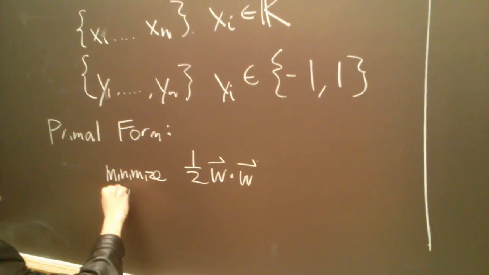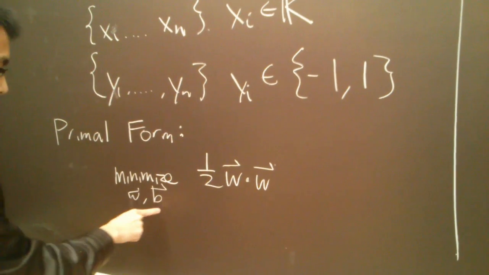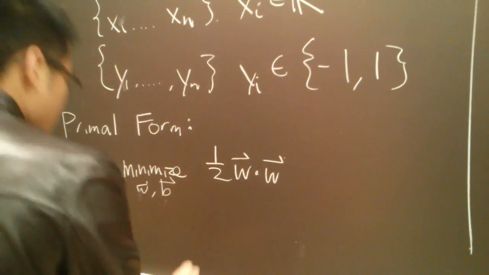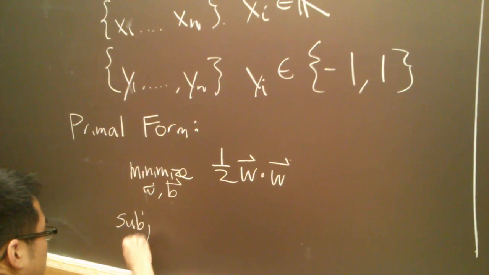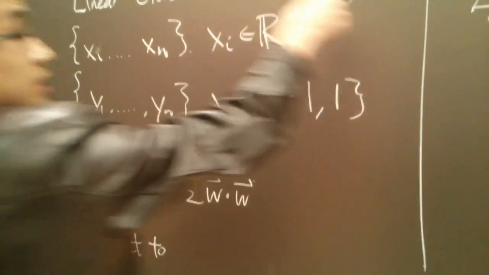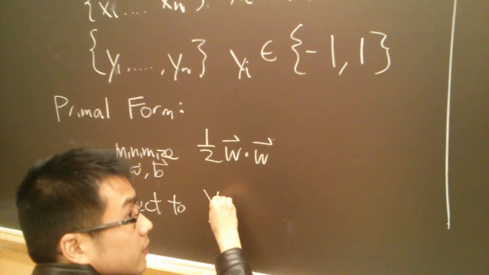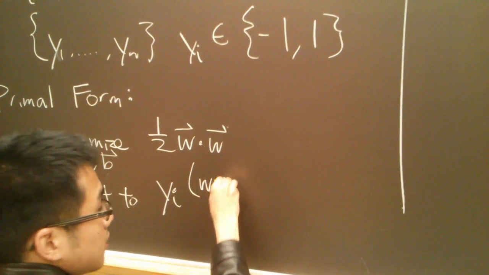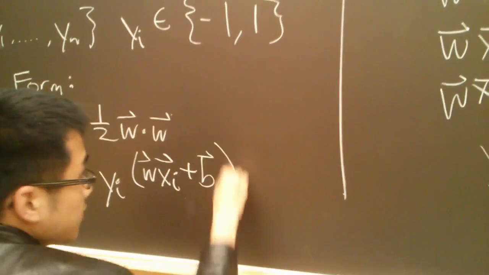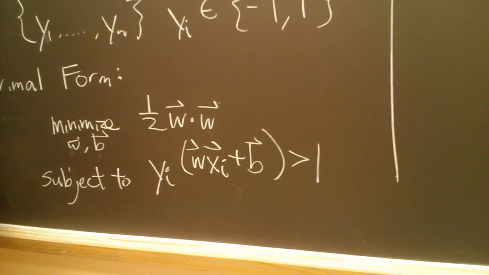And we want to find the w and the b, the coefficients and the bias, which minimize this equation, subject to the constraints that we want all our data to be correctly classified using this hyperplane. So remember, if all the data is correctly classified, then we should have this. Okay, so this is the primal form of the SVM.